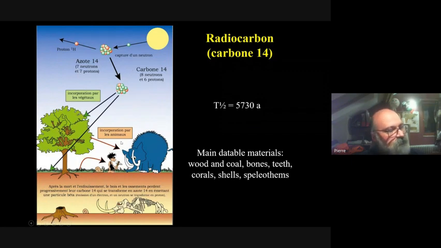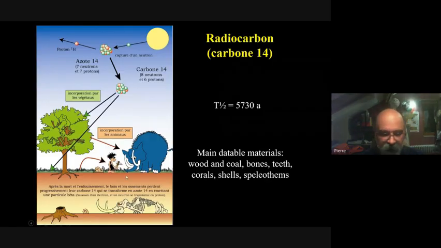And the animals eating the animals that eat the vegetables are also in equilibrium. But this equilibrium is disrupted at the death of the animal or of the tree, because there's no exchange with the atmosphere after this death.